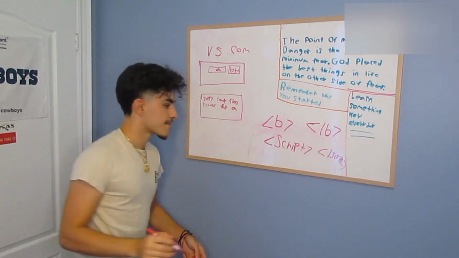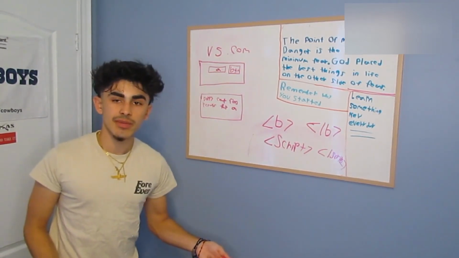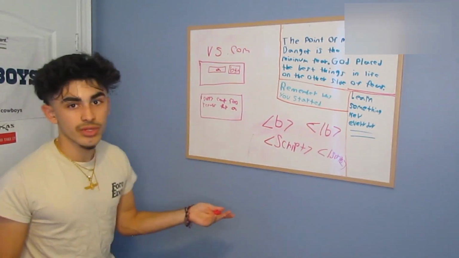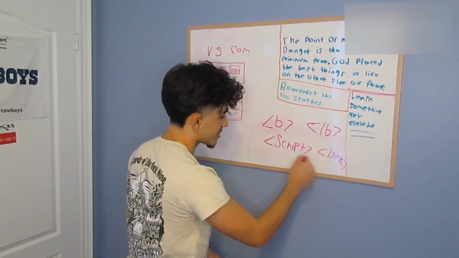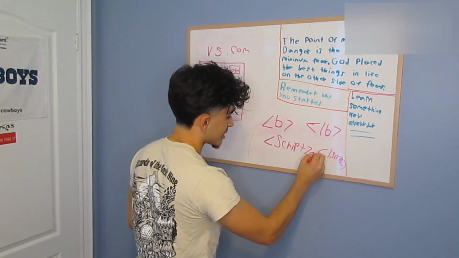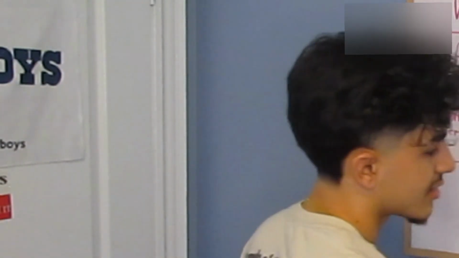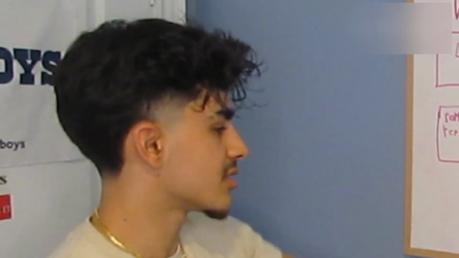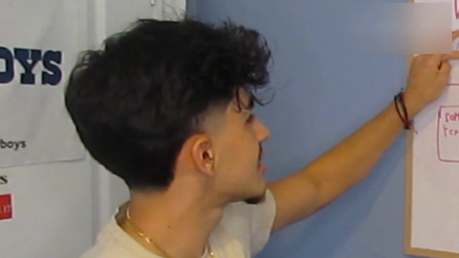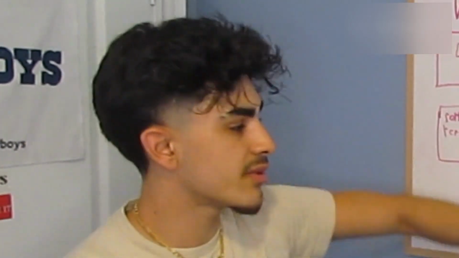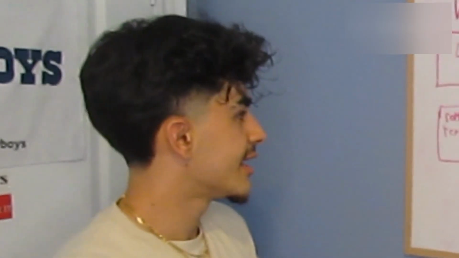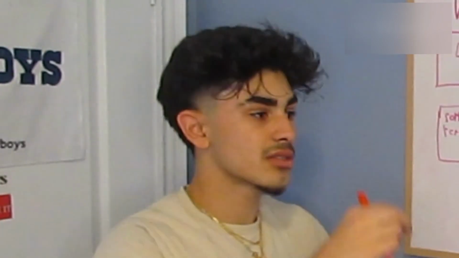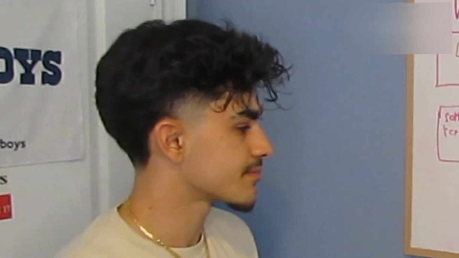So how do we test for it? We input script, and then a common one is alert, and then closing script. If we input this, judging by the code, it will execute. It'll show a big pop-up.